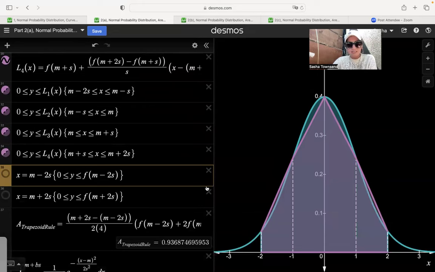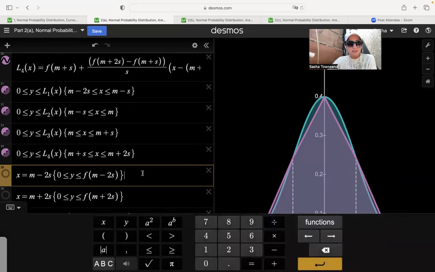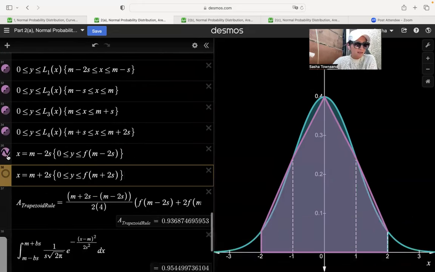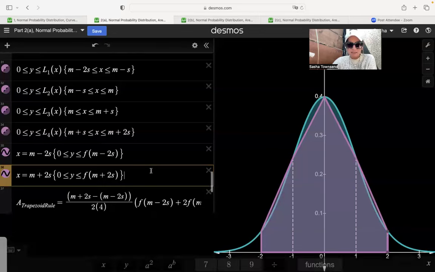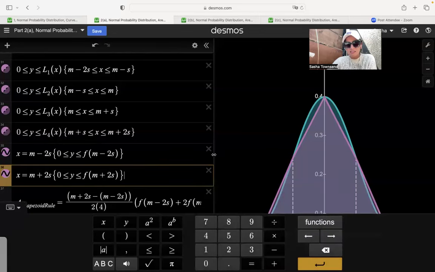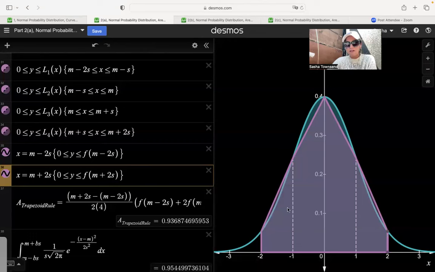Now, Desmos already gives us what's close enough to the exact answer. But if we wanted to calculate that numerically using the methods that we've discussed, we'd say, okay, well, what's the area of this little trapezoid? Well, it's 1/2 the sum of the two bases times the height. If we're looking at this thing on its side, the height is that delta x, which is 1.